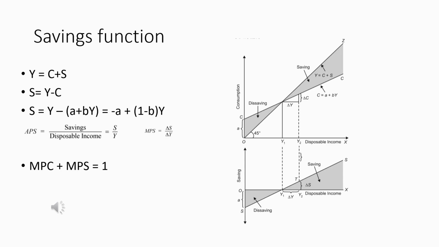Therefore, Y = C + S, that is to say that income is equal to consumption plus savings. Therefore, savings is equal to Y - C, that is, savings is equal to income minus consumption. Income here refers to the disposable income.